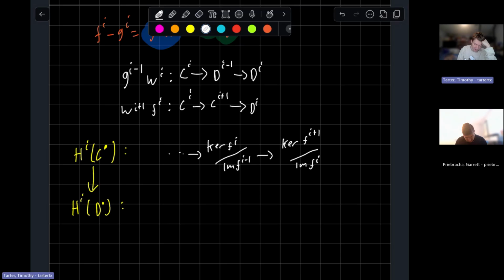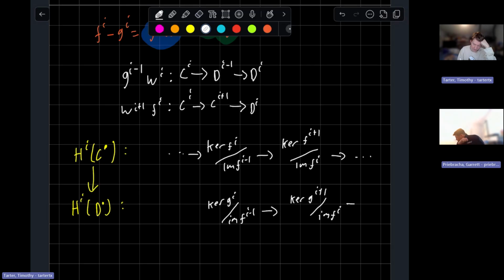And at the same time, we want ker Gi mod im Fi minus 1, ker Gi plus 1 into im Fi. That can go on forever.